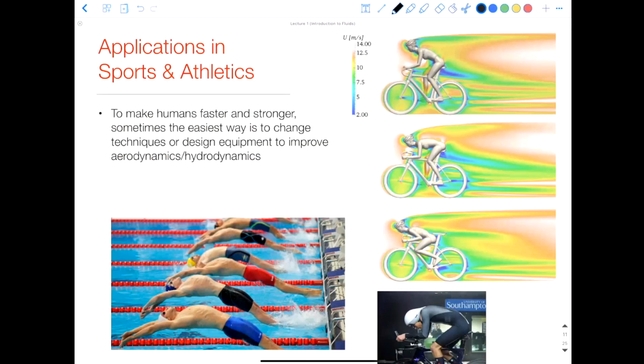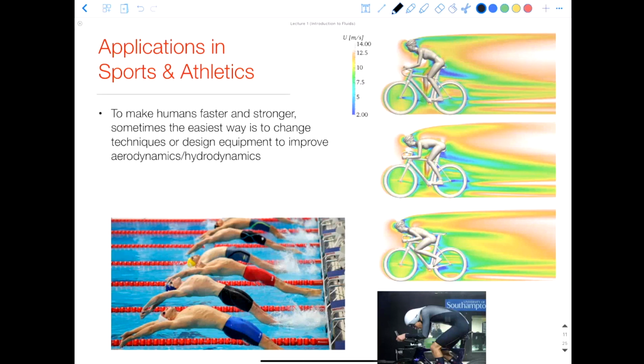That's just one case where fluid mechanics could be used in biomedical. I think a topic that isn't really thought of too much, but is seeing a lot of attention maybe behind the scenes because it is so competitive, they don't really want to share the work that's being done, is sports and athletics. There's a lot of research and innovation done trying to improve how fast we can go, how high we can jump, how fast we can swim, basically to make us faster and stronger.